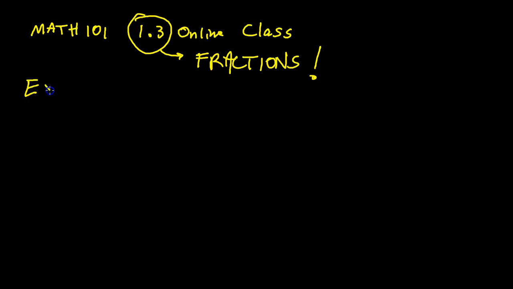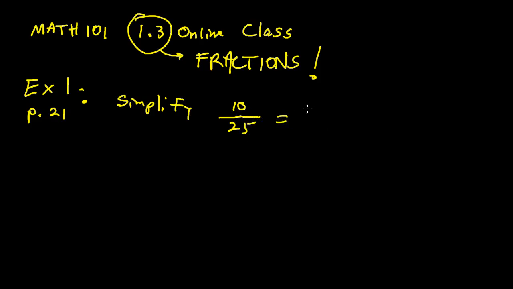This is example 1 in our textbook. It's on page 21 if you want to look along. It asks us to simplify the following fraction, 10/25. Well, of course, we know we can cancel out common factors across a fraction bar.